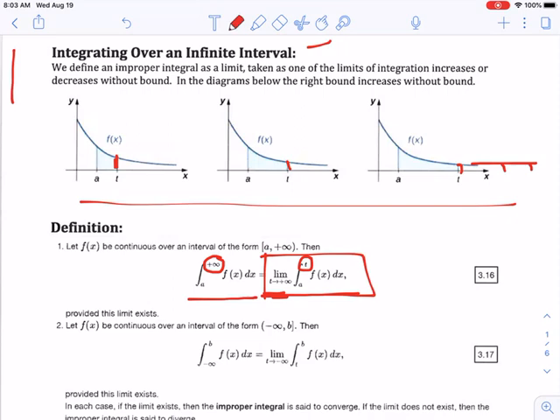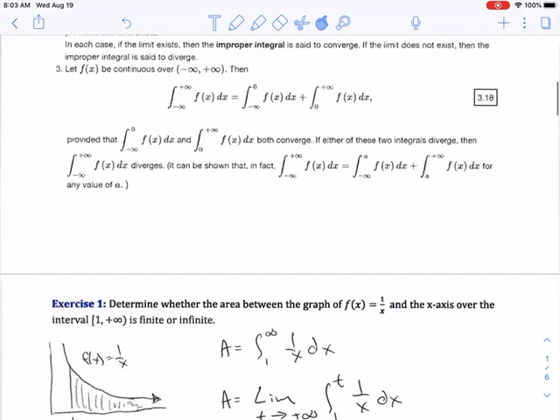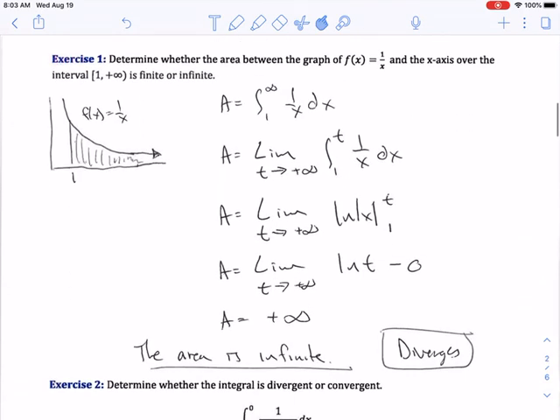So let's do the first example, which is similar to that. Here we have the function 1 over x. We want to determine whether the area between the function and the x-axis over the interval is finite or infinite. So we set up the integral.